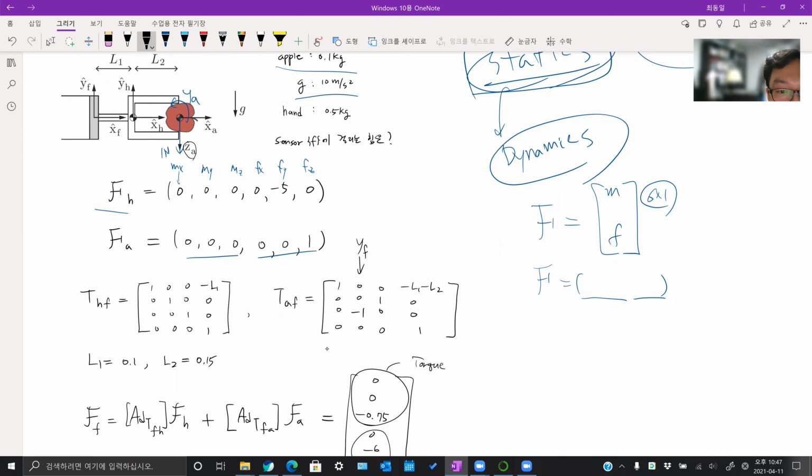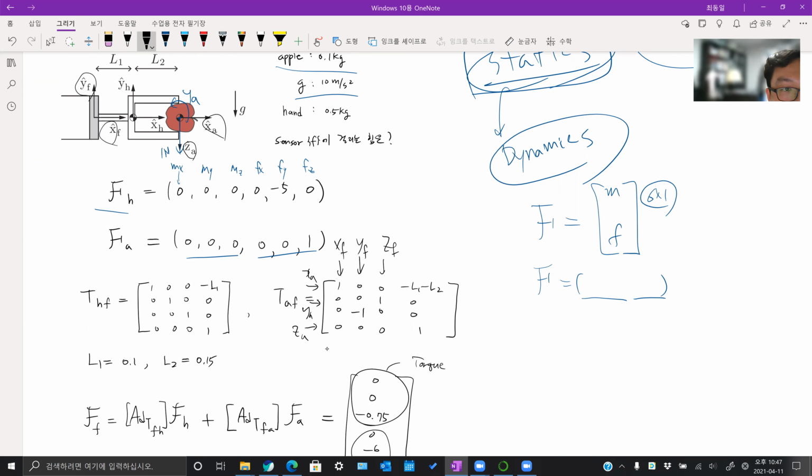So we should think about XF, YF, and ZF based on XA, YA, ZA. So when we think XF, it is the same direction as XA, so 1, 0, 0. And when we think about YF, it has minus Z direction, so it becomes 0, 0, -1.